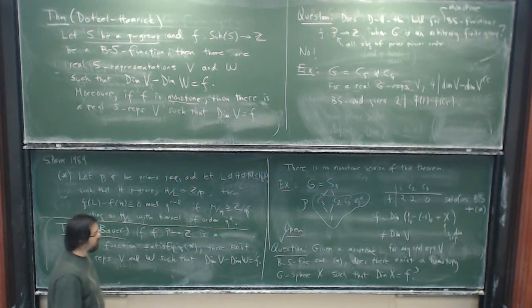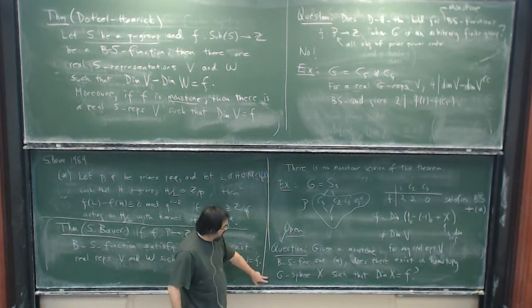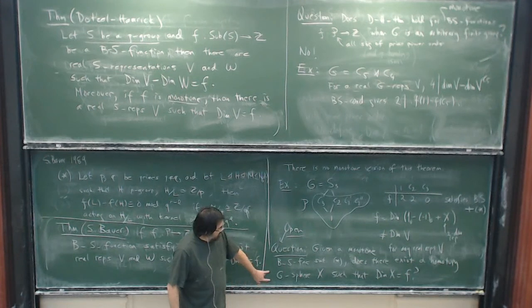And this is related to something Jesper did with Jeff Smith. They asked a similar question for algebraic homotopy G spheres on the level of chain complexes. This is a question that was asked by Jesper and Jeff Smith.